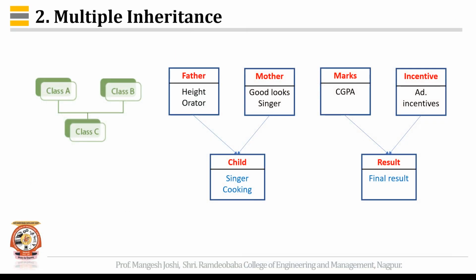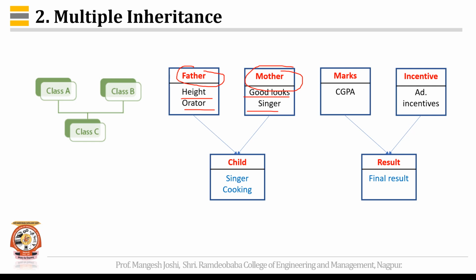Let us go to the second form of inheritance, multiple inheritance. In multiple inheritance, you have two base classes and one derived class. Taking an example, you have a father and a mother. Father may have a good height, he might be a good orator. Mother may be good looking, or she is a good singer.